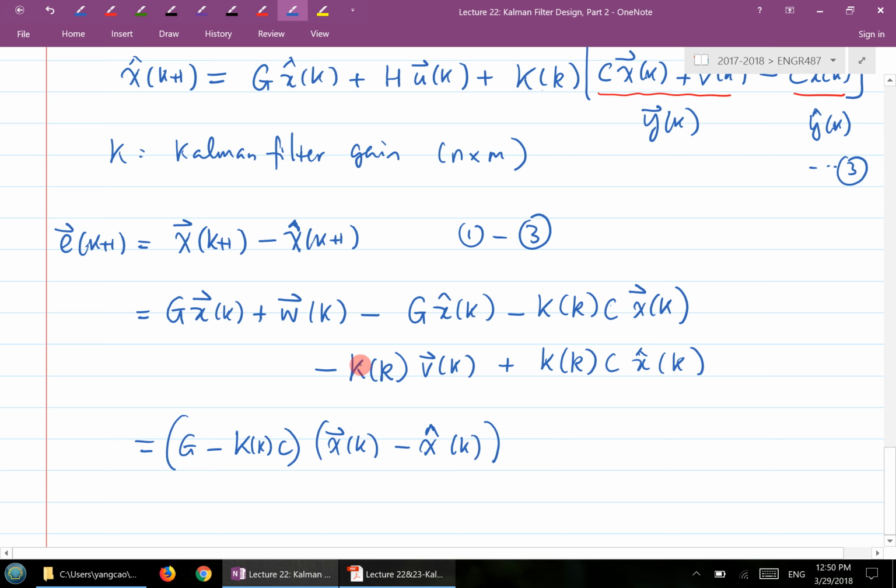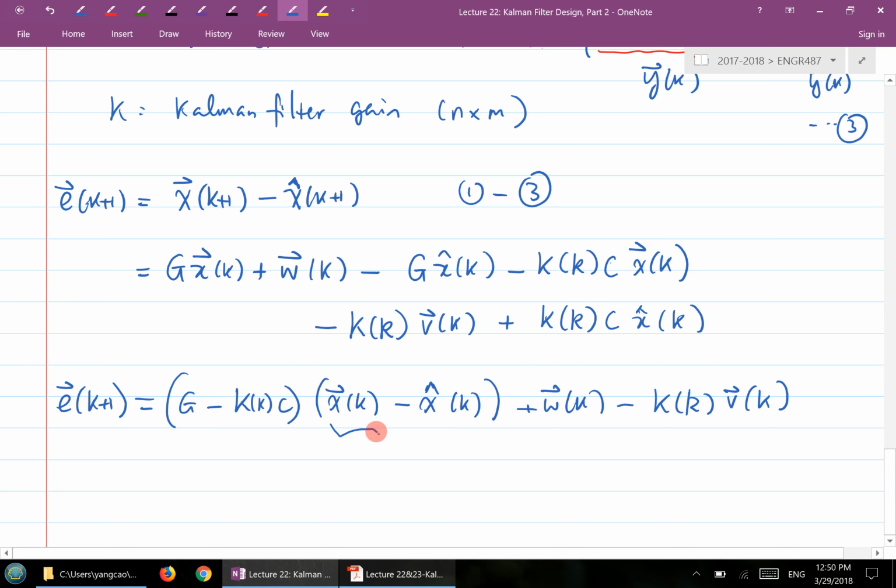And then there are a few other terms remaining here, which is the w of k and also this term here. That is the estimation error. This is the estimation error, and technically speaking, this here is E of k.